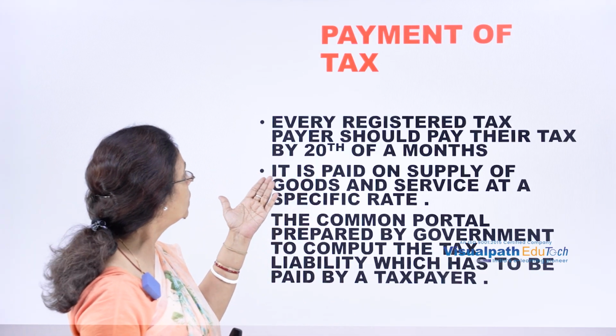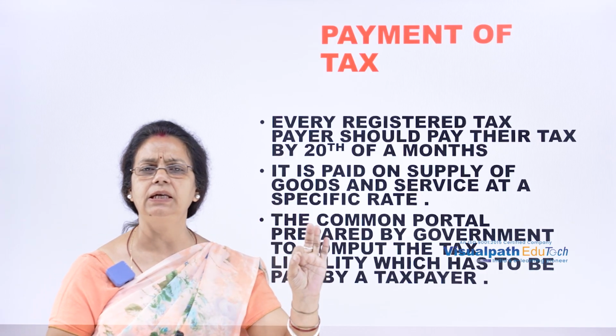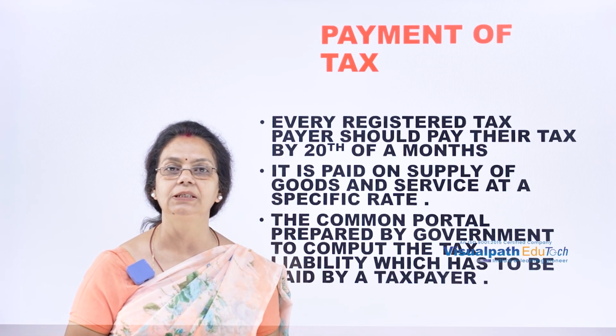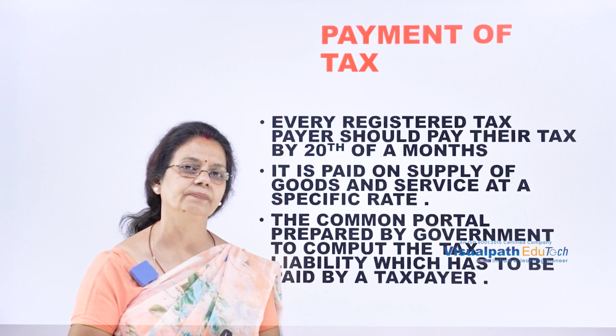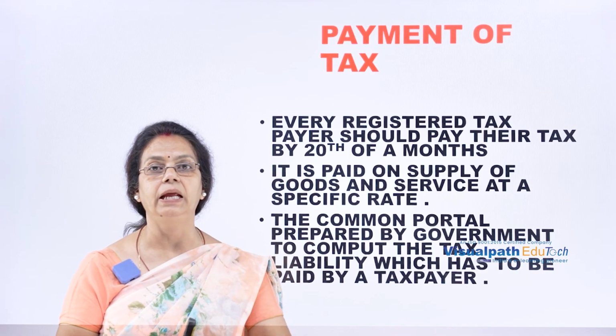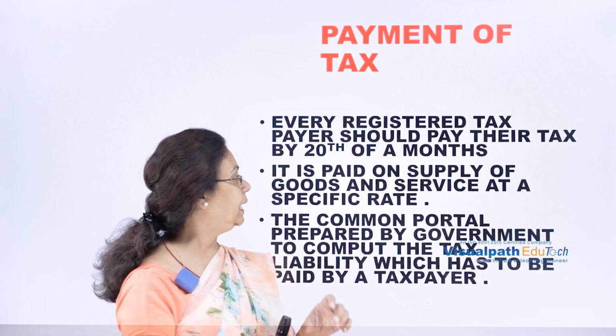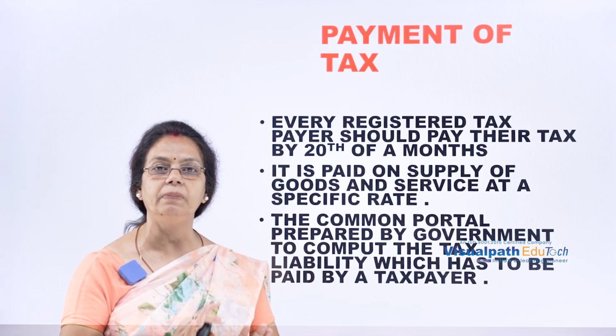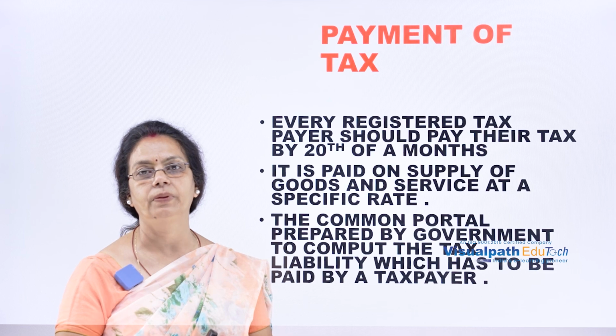The first step: every registered taxpayer whose name is registered under the GST Act is liable to pay the tax. But there is a mandatory date mentioned, which is the 20th of every month. Nowadays, it is mandatory to fill up the form.